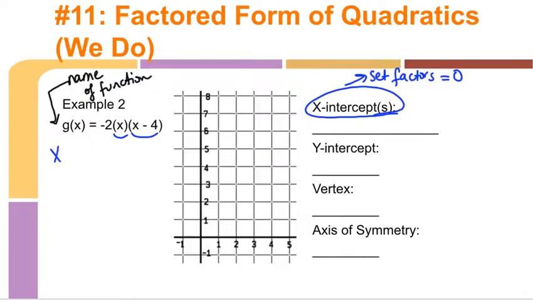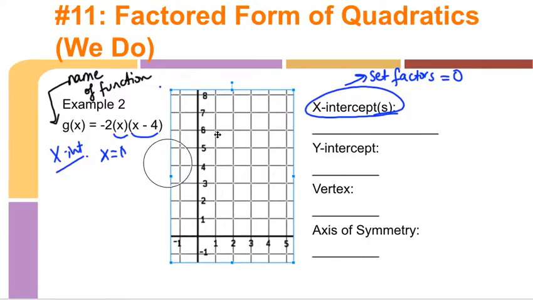So to find my x-intercepts, I'm going to say x is equal to 0. I'm going to say x minus 4 is equal to 0 as well.